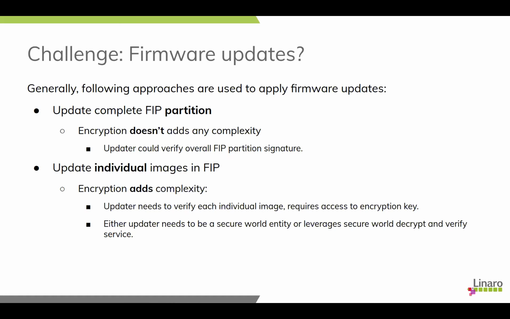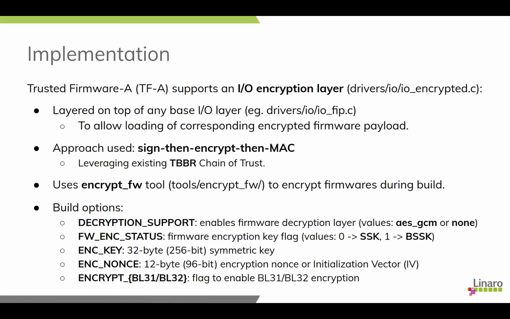In this case, individual images are encrypted, not the complete zip partition. So it's always BL31, BL32, or BL33. As you can see in the build options, we have separate flags for BL31 or BL32, so you can encrypt individual images and not the complete zip partition.